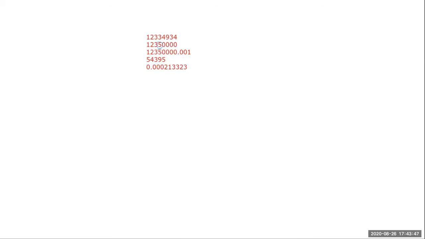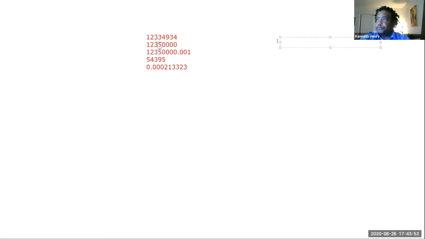Sure. I'll even write it down. Maybe that'll help. If I determine a number that's circled, and the number is greater than 5, you're going to round up.